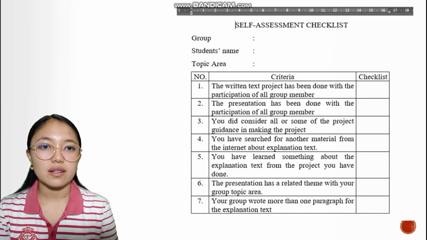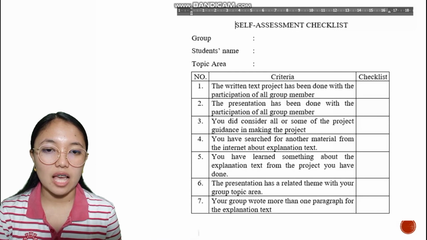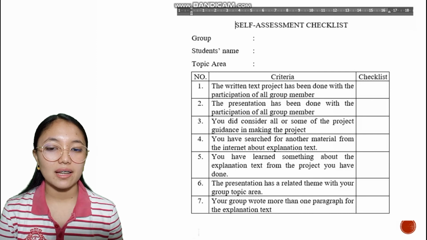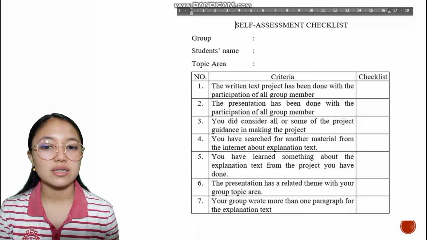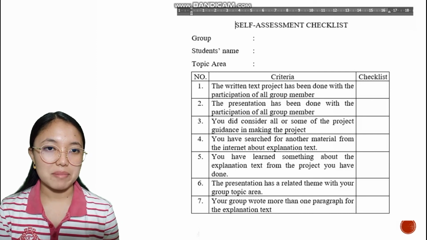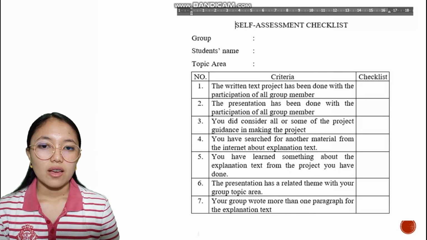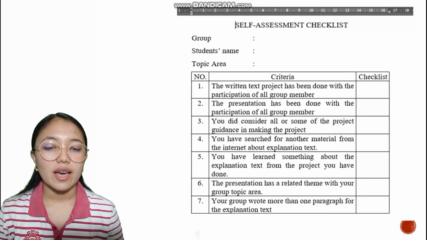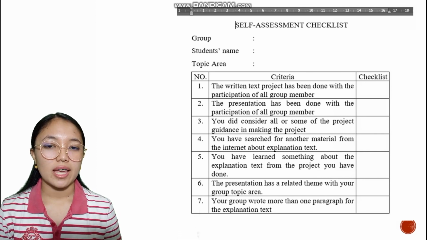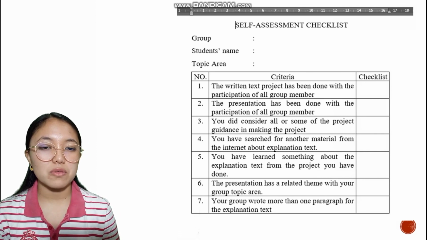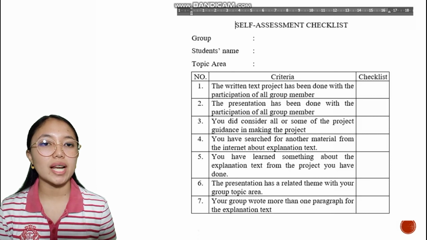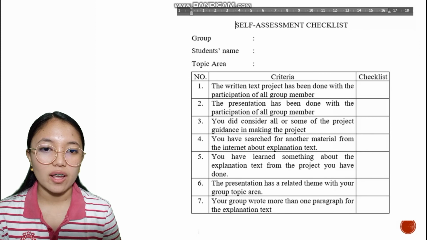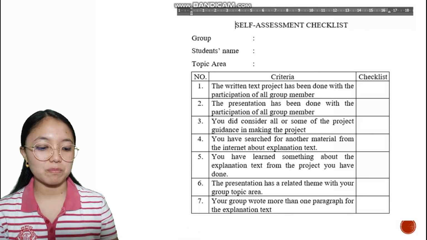This one is the self-assessment checklist. You can fill the blank that is provided in the table. You also can use another self-assessment checklist. I just provide you this self-assessment checklist for the example, but you can also use this one for your self-assessment.